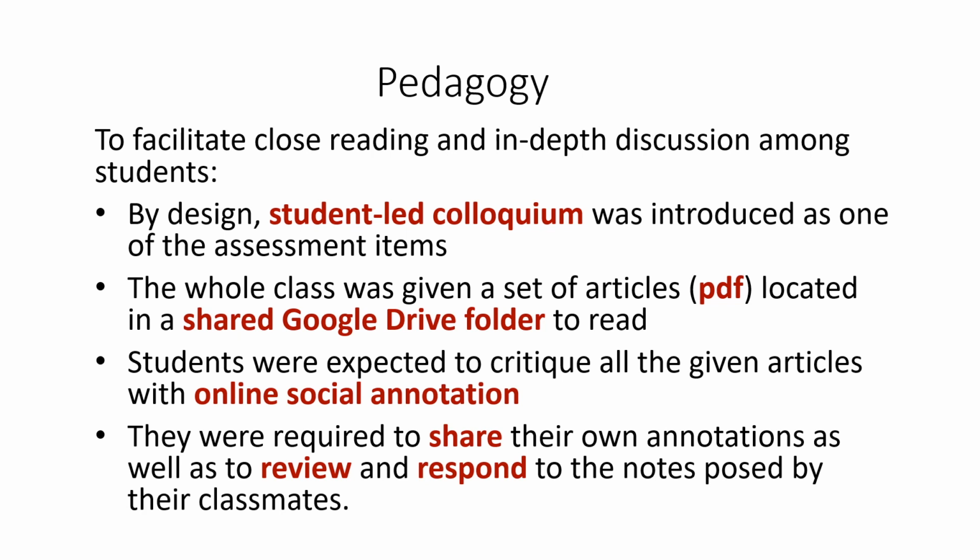However, the problem with annotating printed text is that it is difficult to organize and to share your notes with others. With online social annotation, of course, you could annotate text, organize and share your notes with others. In other words, students are not reading alone. They are in fact reading collaboratively.